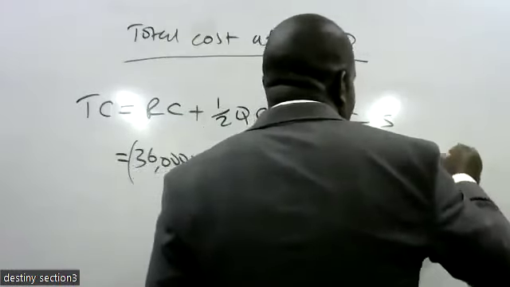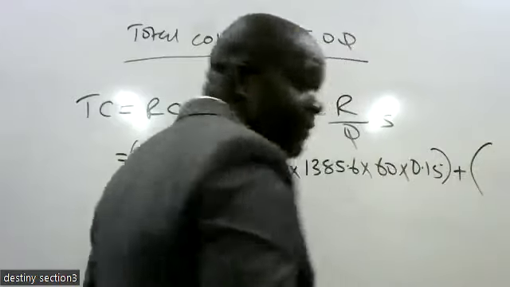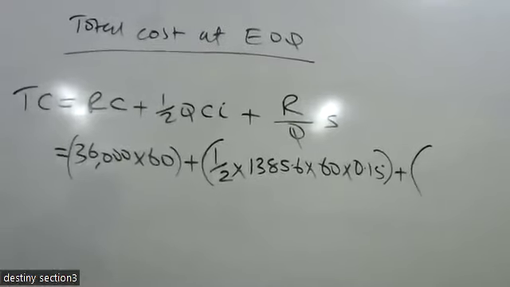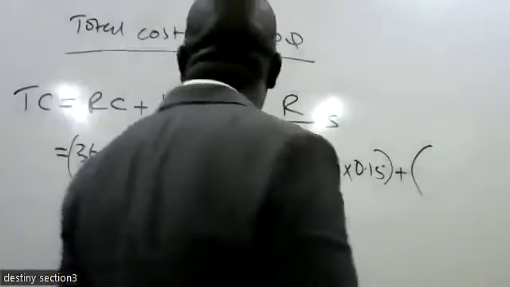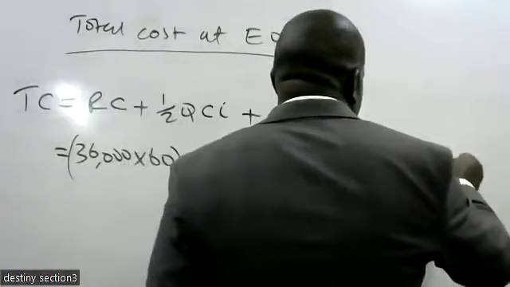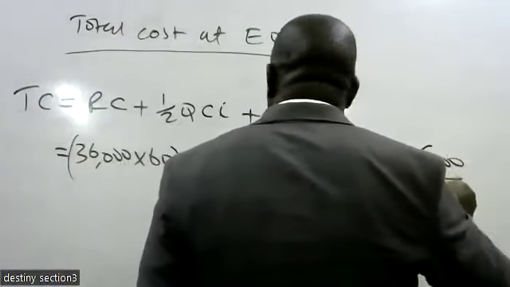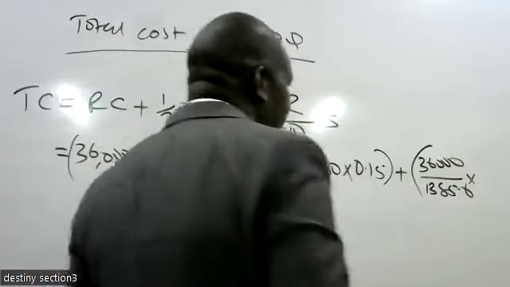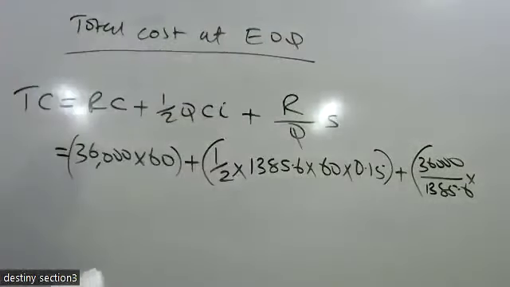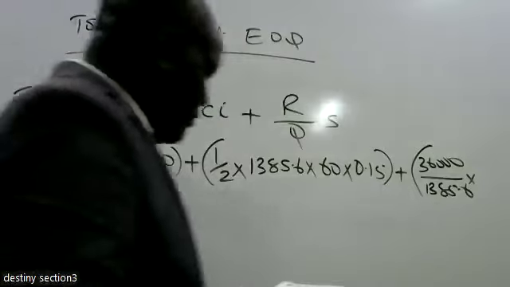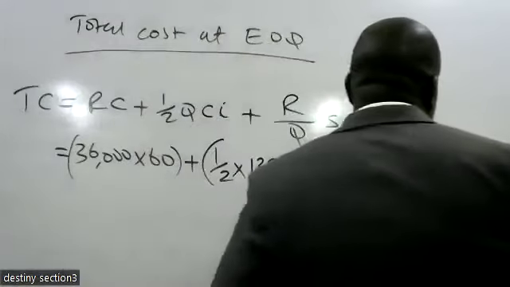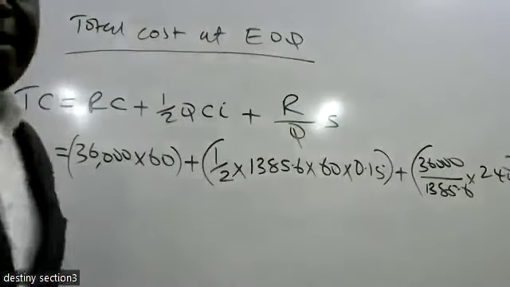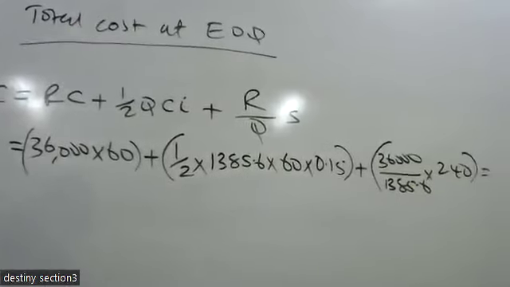Then we add R over Q. R is 36,000. So Q is what? 13.85. So what was our S? In the note number 4, the cost per order placed is 200 and what? So get that total cost.